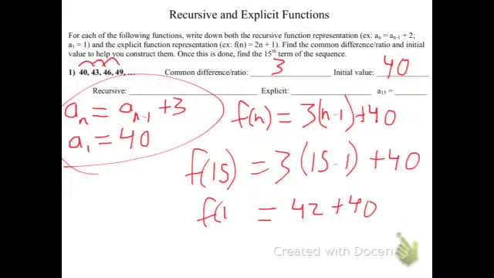So f of 15 is 42 plus 40, which is 82. So a sub 15 is going to be 82. And you're going to follow that same pattern on each of these problems. Get the difference or ratio, get the initial value, write your functions, and then get your 15th term using your explicit function. Okay? So we'll move on to the next one.